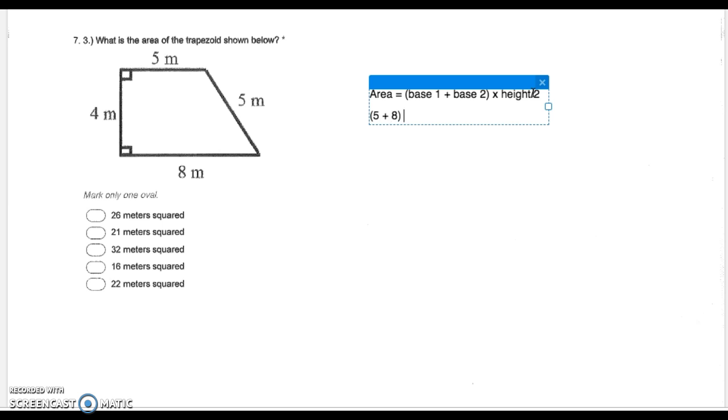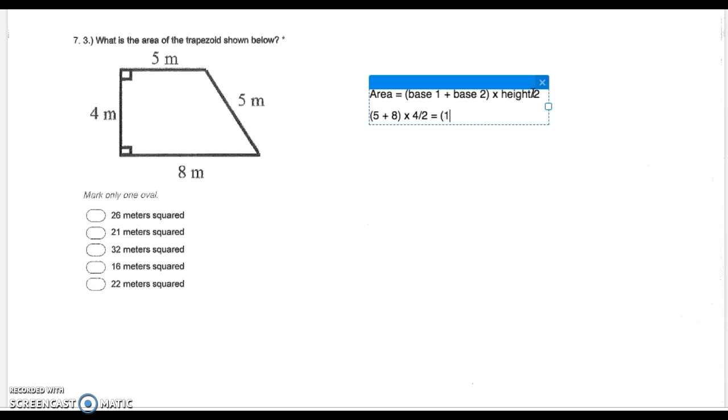Well, we don't use 4 and 5 because those sides are not the two sides that are parallel to each other. In a trapezoid, you only need one set of parallel sides, and that would be the 5 meters and the 8 meters. So once we do that, then we can times it by the height, which is 4, and divide it by 2.